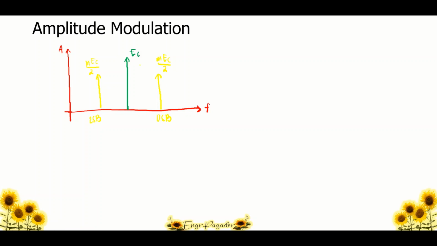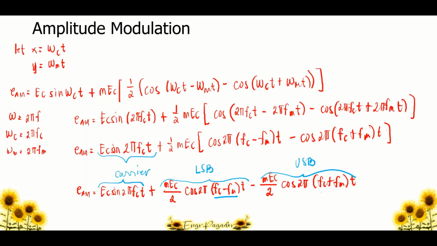Now, how do we know kung ano yung frequency na gagamitin natin for this signals? So, yung frequency ng EC natin, ng carrier signal natin, is of course, F sub C. How about sa lower sideband and upper sideband natin?